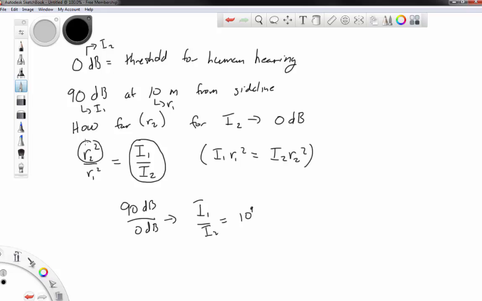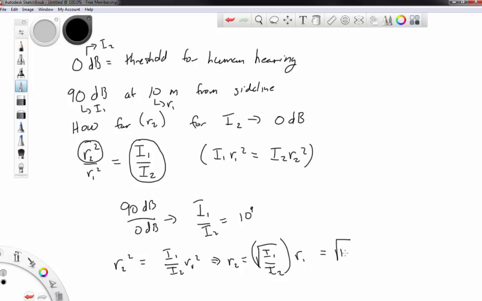Well, we're trying to solve ultimately for R2. So R2 squared is I1 over I2 times R1 squared. And that means that R2 is the square root of I1 over I2 times R1. I've basically taken a square root of everything on both sides.